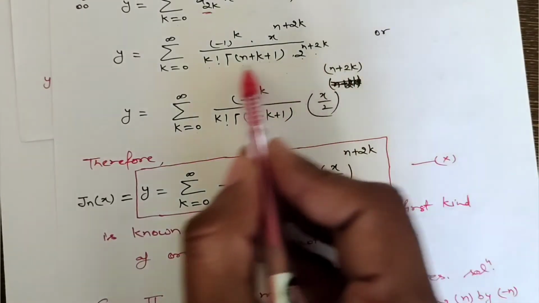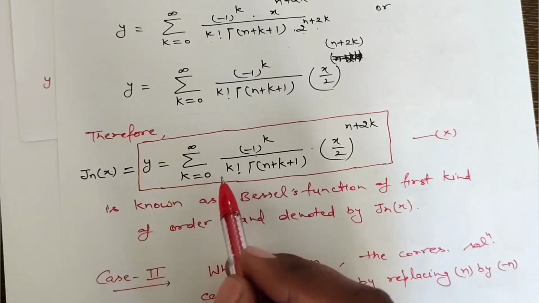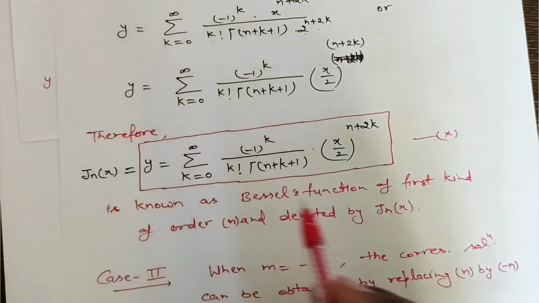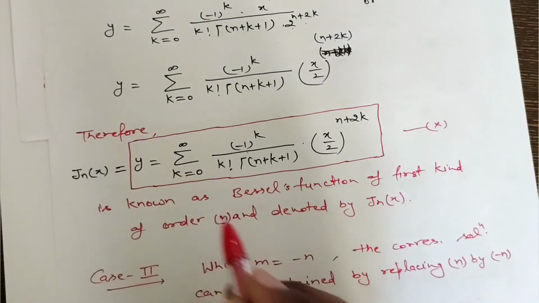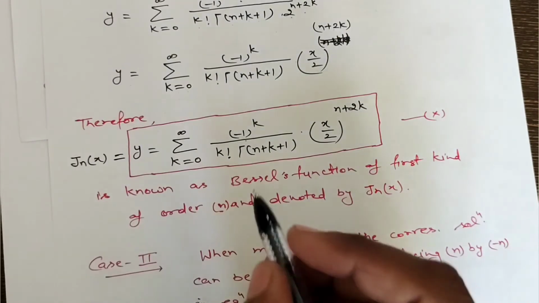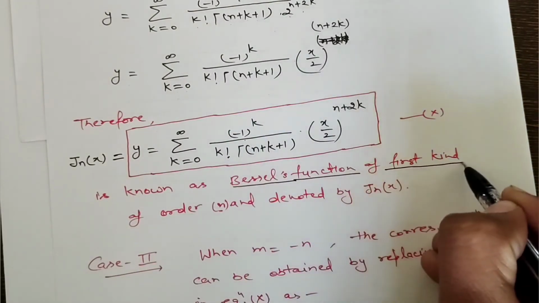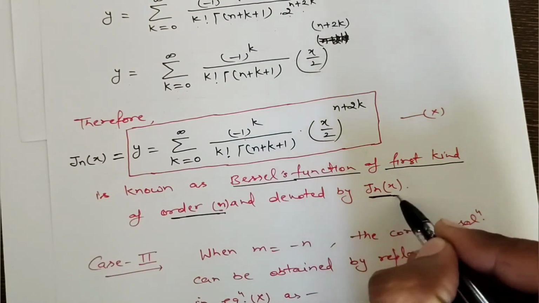That entire expression is known as the Bessel function of first kind. Bessel function of first kind of what order? Of order n.